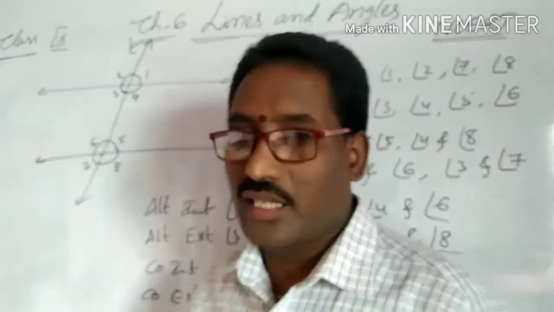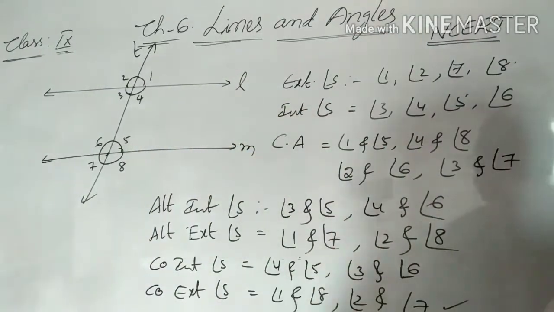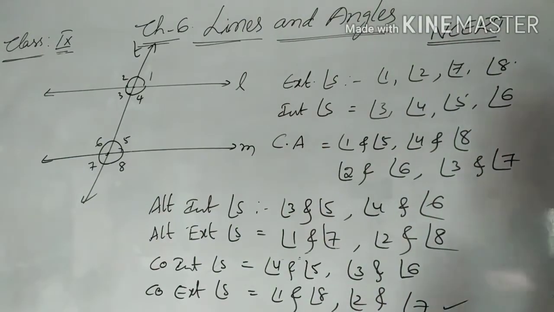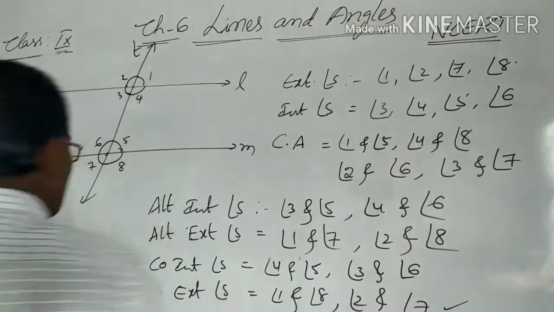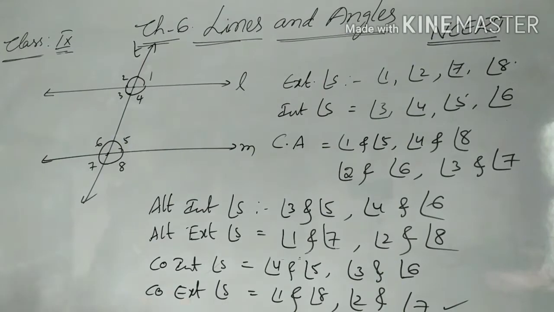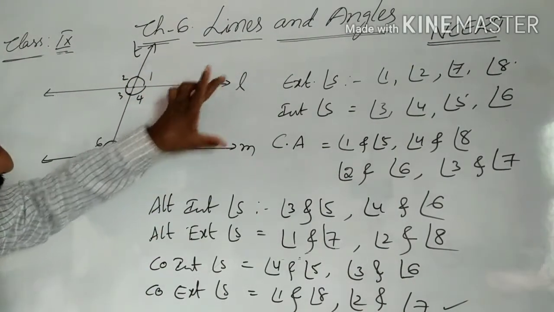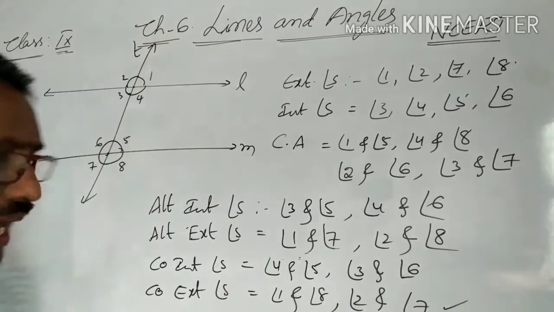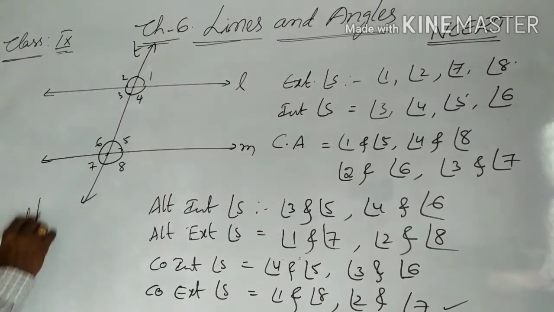But here, for the co-interior angles and co-exterior angles, one condition is there. Suppose, for example, L and M are two parallel lines, sometimes this will be given.